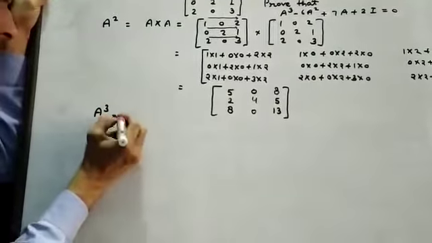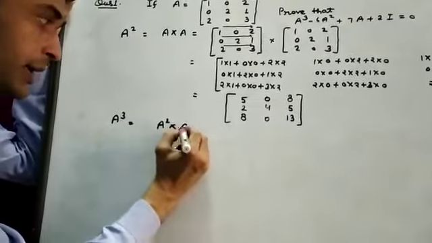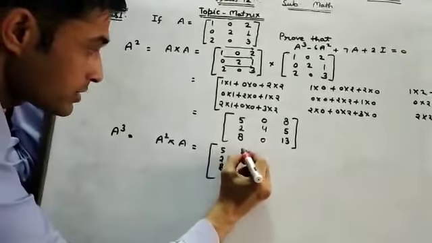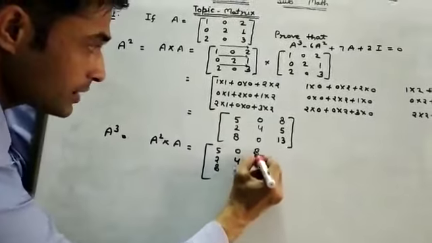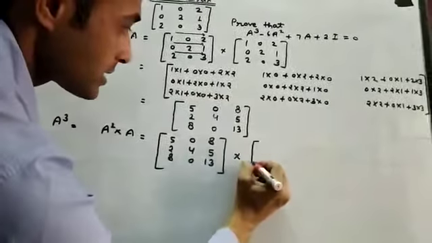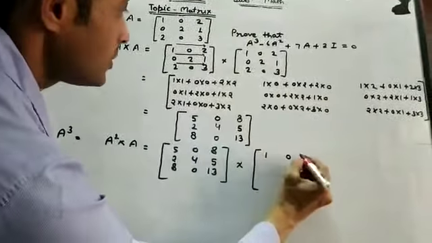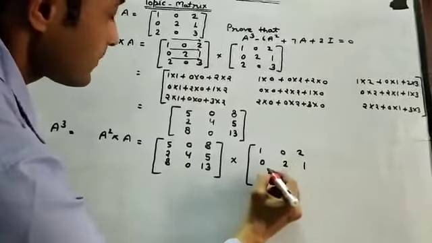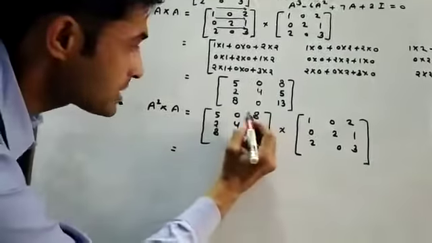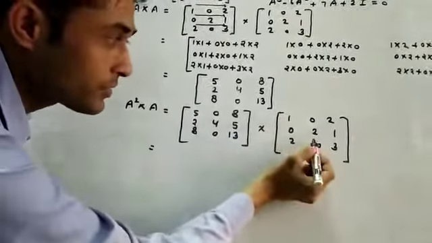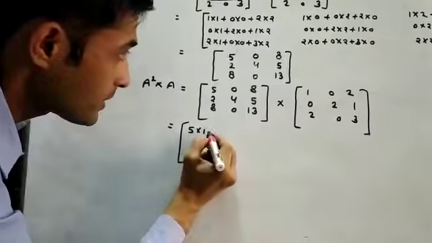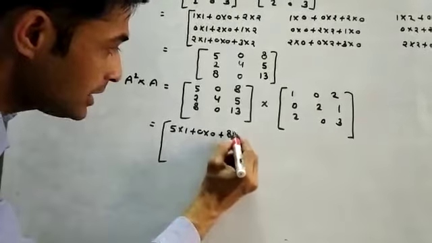Now after it, A cubed we can write as A squared into A. So A squared is this matrix: 5 2 8, 0 4 0, 8 5 13. After it, into A, which is 1 0 2, 0 2 1, 2 0 3. Now again we multiply, the same process. First row with this column: 5 multiply 1 plus 0 multiply 0 plus 8 multiply 2.